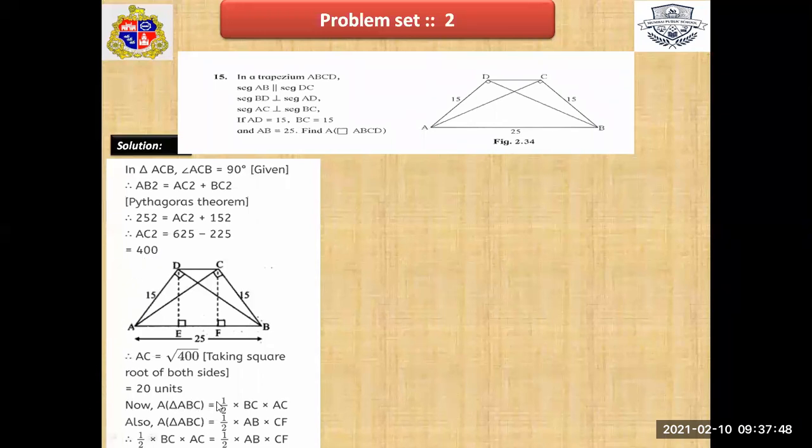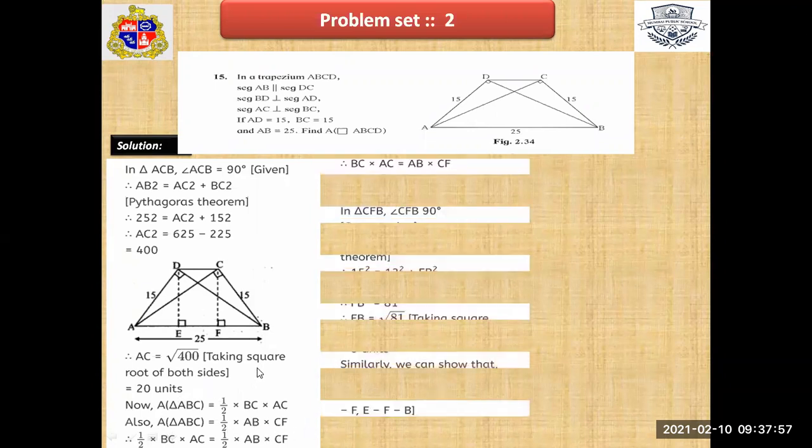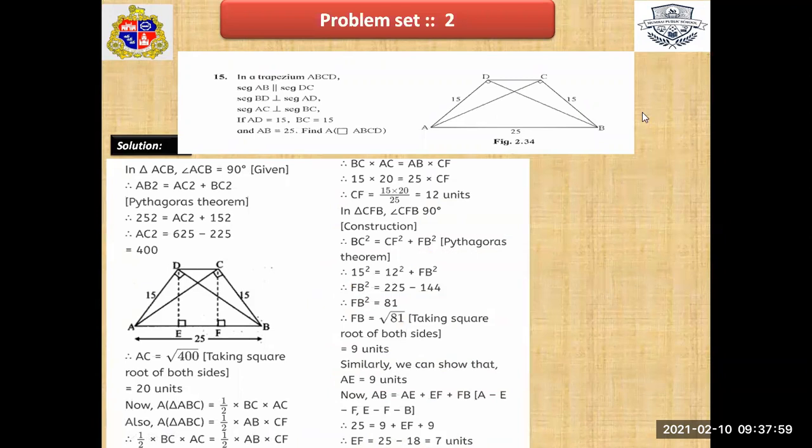Then the area of triangle ABC is half into base into height. Substitute the values and you will find the area of triangle ABC. Then we do a construction: CF is perpendicular to AB. Then we find the value of CF.